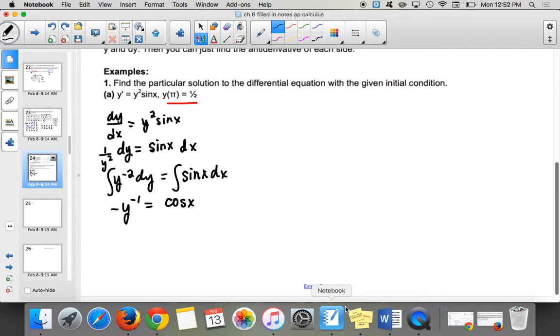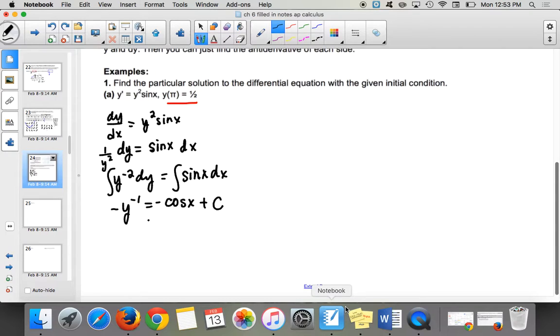Is it negative or is it positive cosine? Negative cosine of x. And then I put the plus c on one of the two sides. You don't have to put it on both sides. It's kind of redundant. So I usually put it on the x side. Okay, once you have written plus c, what I've found in the 10 or so years that I've taught calculus is it's easiest for students if they just find c right now, instead of finding what y is equal to with c in it and then finding it at the end.